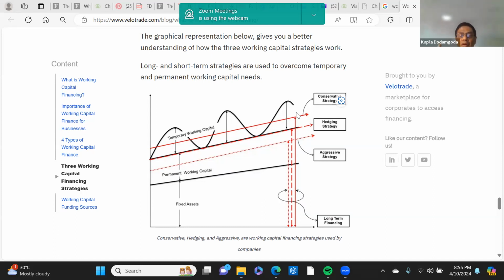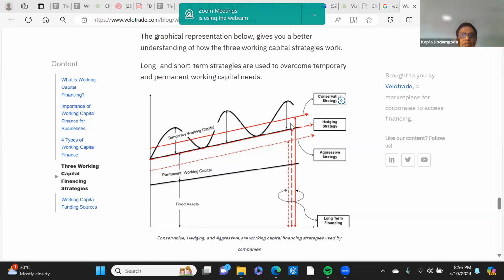On the other hand, if you are very aggressive, you are not going to get that much long-term funding because it's costly. You are getting only up to this level. Even a part of your permanent working capital is not going to be funded through long-term loans. You're funding only up to this level through a long-term loan.